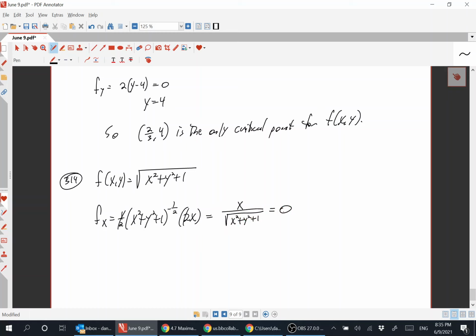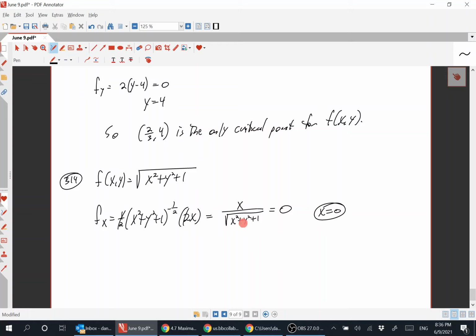And you set that equal to 0, which happens where? When is a fraction 0? Just when the numerator is 0 and the denominator is not. So that's just x equal to 0.